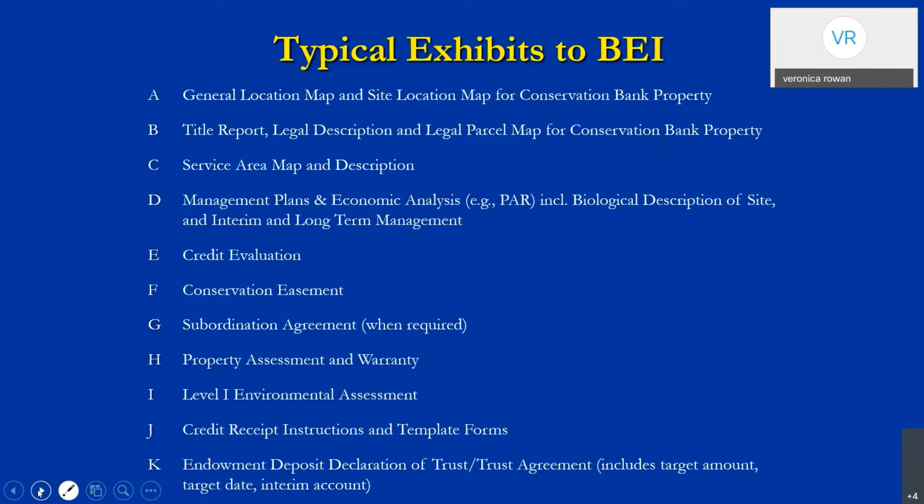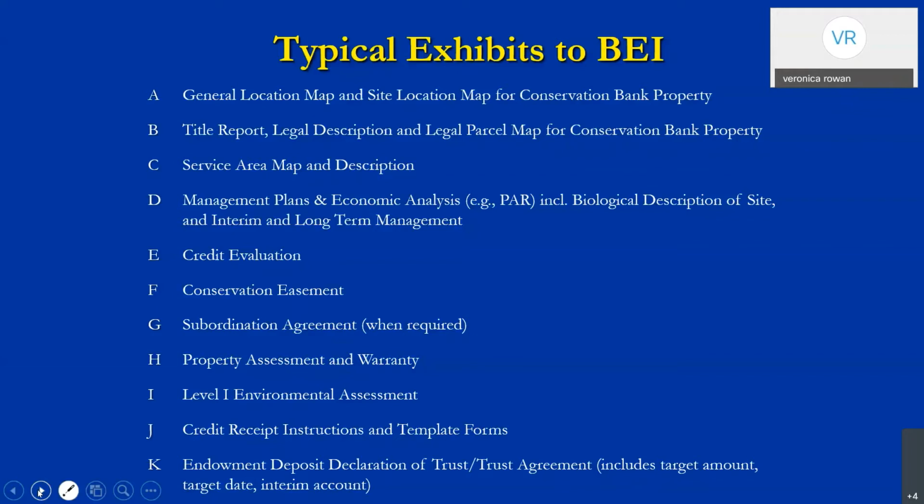It's a disclosure document by the property owner that talks about every encumbrance and any particular element that could relate to the property. It's basically an affidavit of condition by the property owner.